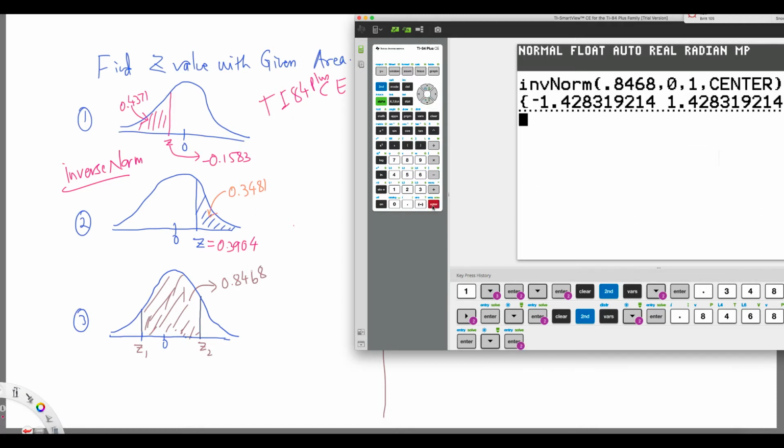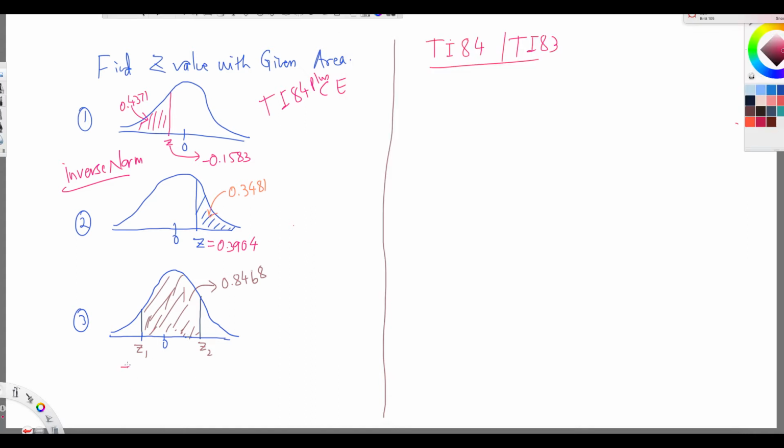It will give you the two values, negative 1.43 and positive 1.43, rounded. Usually for the G value you can use just two decimals like 0.16, 0.39, 1.43, but if you are finding the area you need to use four decimals.